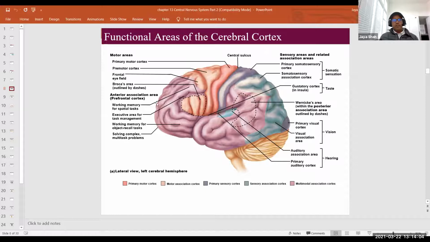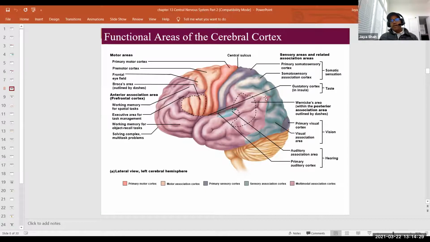So in front of the central sulcus, all the motor areas and other areas are listed. And behind the central sulcus, in the postcentral area, all the sensory areas are listed. So let's look first at the sensory areas, the sensory area and related association area.